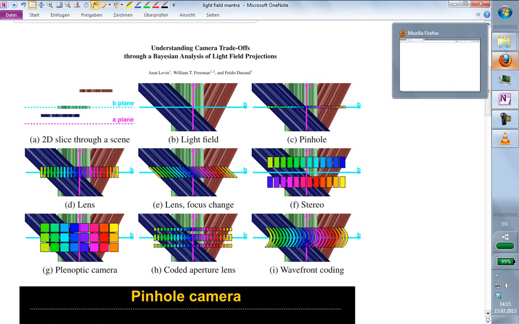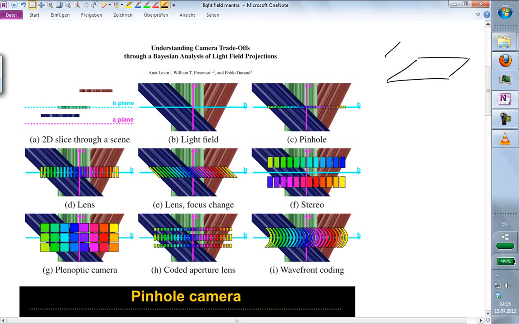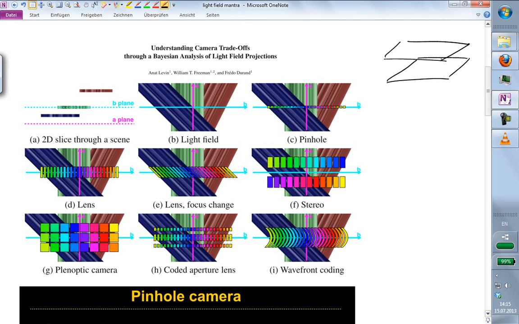One frequent parameterization is as follows. We have 2 spatial coordinates to index our pixels, and then we have another 2 dimensions to explain what direction a ray comes from. So for example, if I have this coordinate here and that coordinate there, then I know that my ray came from this direction.